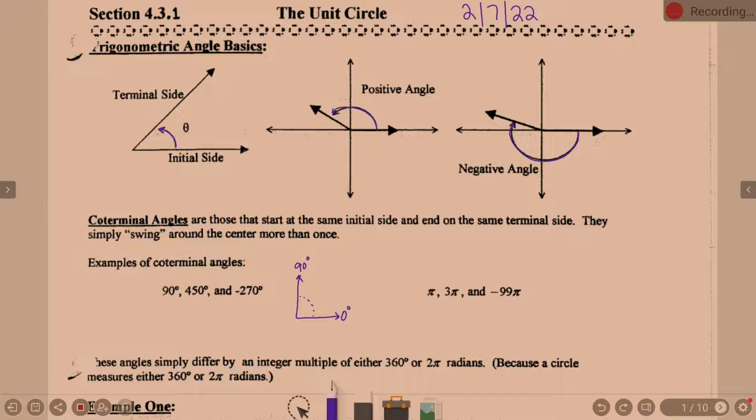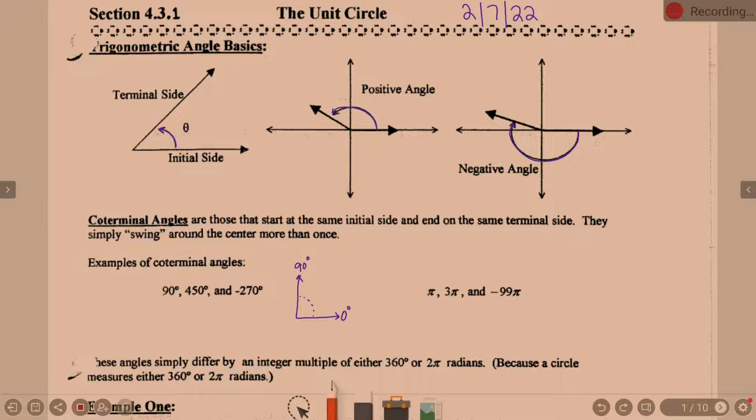Now, according to this, 450 is a name for that angle. Think about this with me. If I start here at 0, what do you know about once around a circle? 360, yes?